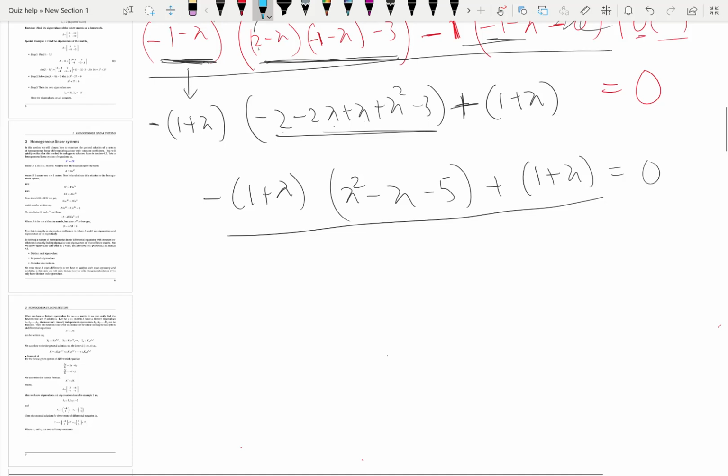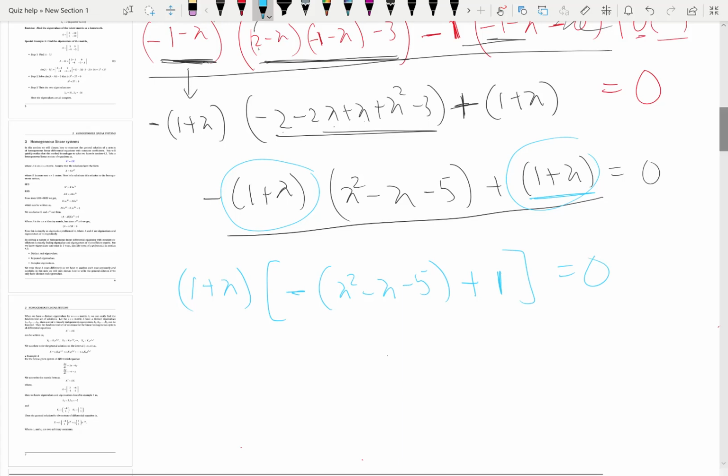How do you factorize it? You don't have a quadratic formula, since the quadratic formula is for quadratic functions. Notice carefully why I asked you to have parentheses for terms. Isn't this term common? Let's take out a 1 plus lambda from the whole expression. What do we get? Negative lambda square minus lambda minus 5, plus, when you take a 1 plus lambda from here, it's just 1.